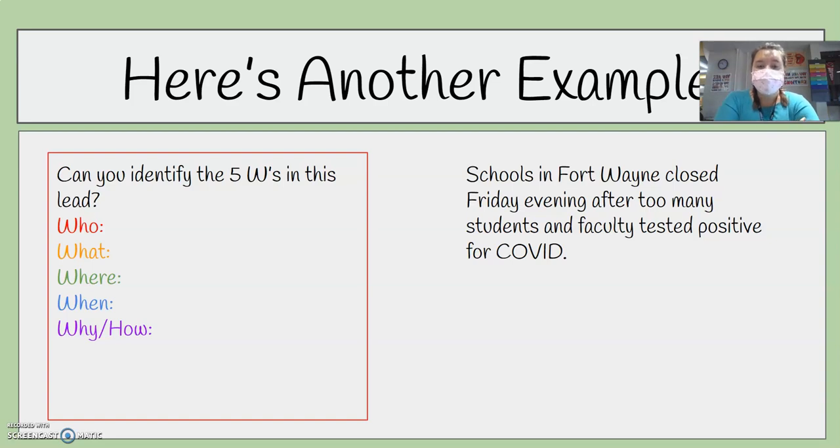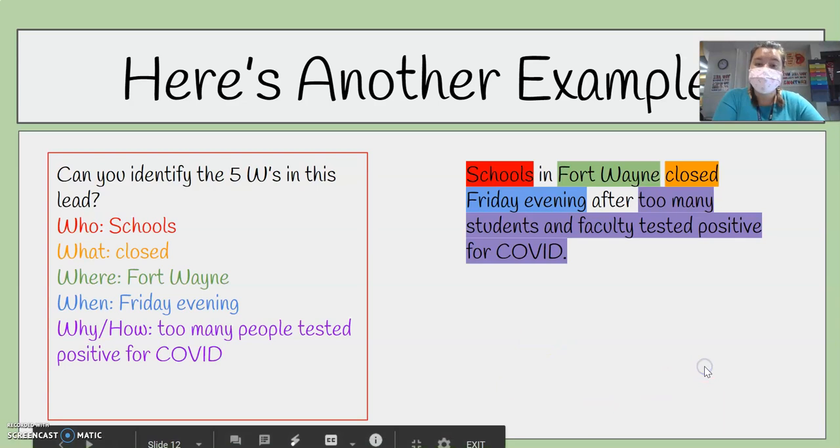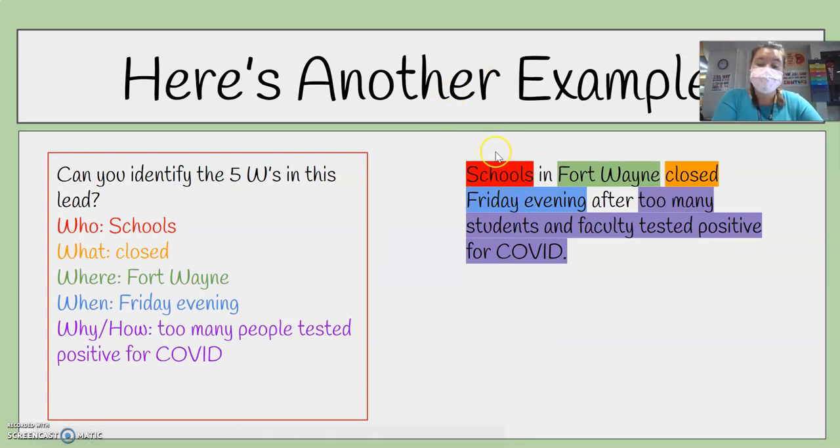"Schools in Fort Wayne closed Friday evening after too many students and faculty tested positive for COVID." What you might notice now is that you don't see a person's name, and that's okay. Sometimes the subject of our lead is not a specific person. In this case, the who is actually the schools.